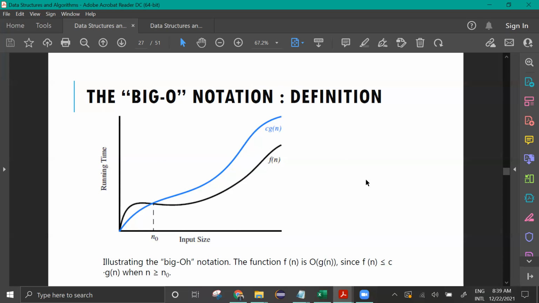So when we consider the big O of any function f(n), that big O function g(n) doesn't have to be always an upper bound.